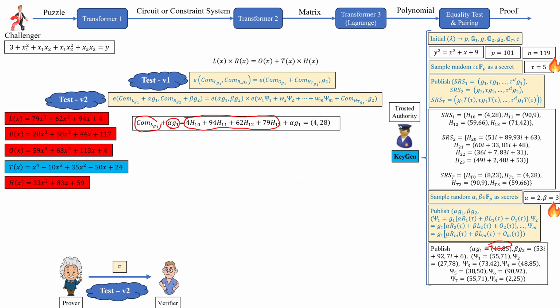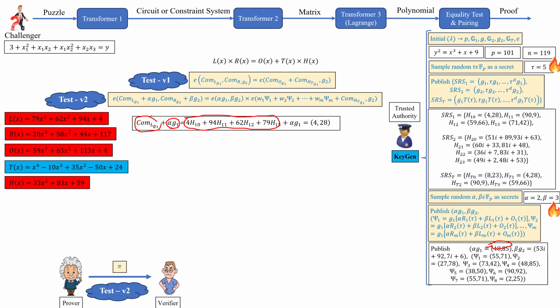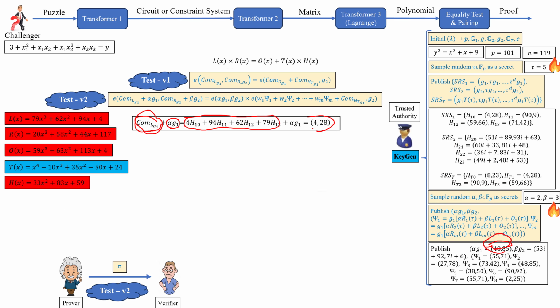So now we have 2 points in group G1, and we want to use the point addition tool in our website. If you do that, you can bring the commit of L from the previous lecture and then add it by this value in our website, and you will see that this part would be 4 and 28.